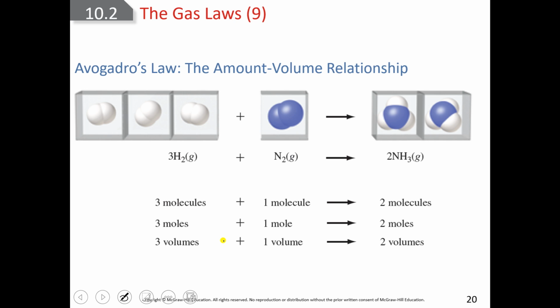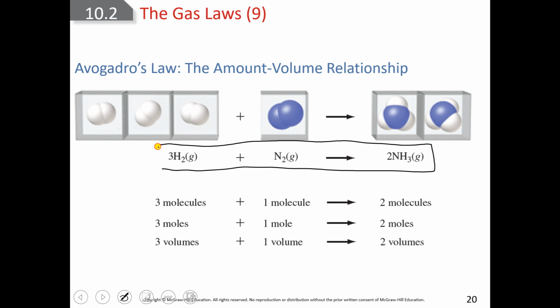So you have 3H2 to 1N2 to 2 NH3, just based on this balanced chemical reaction right here. By saying that with this 3 to 1 to 2 ratio, what we can say is 3 molecules to 1 molecule to 2 molecules. We can say 3 moles to 1 mole to 2 moles. We could say 3 liters to 1 liter to 2 liters. It's the ratio that matters here.